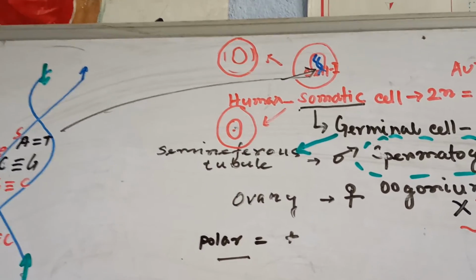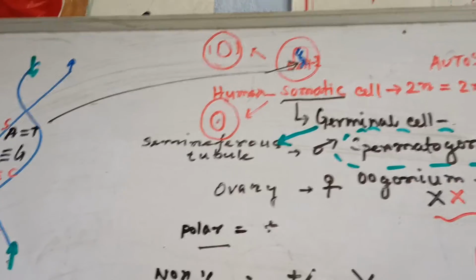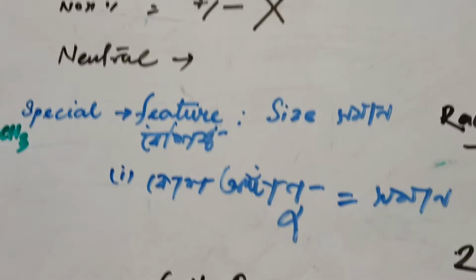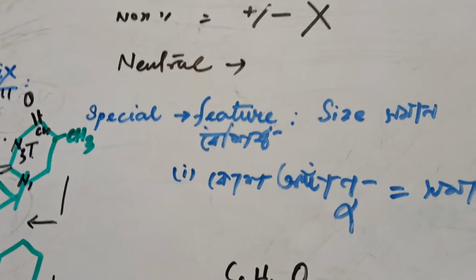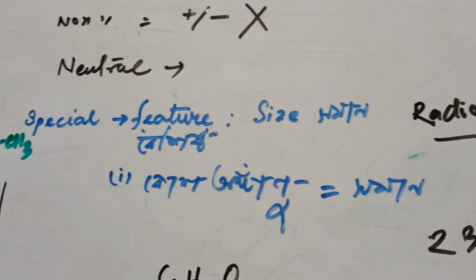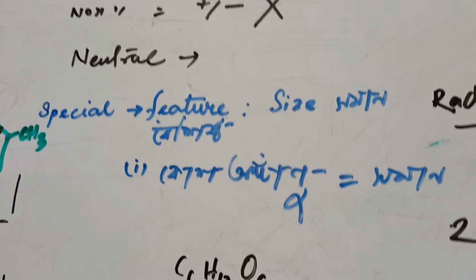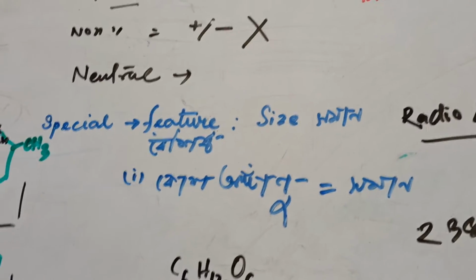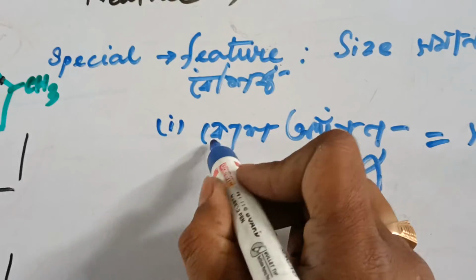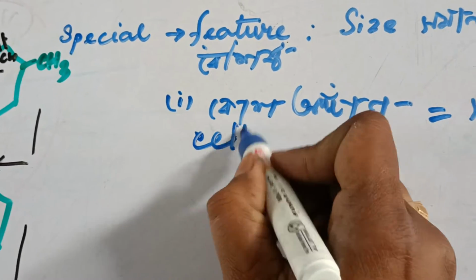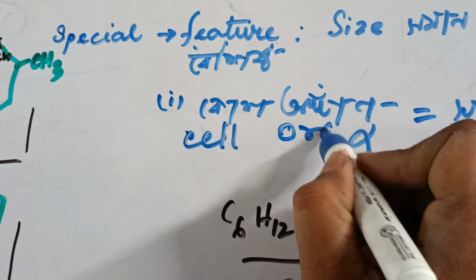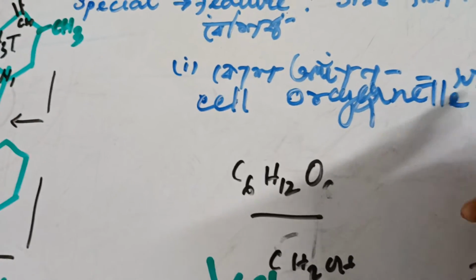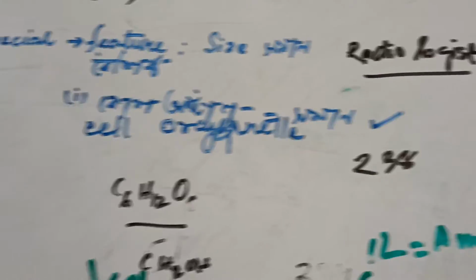It will divide and produce two new somatic cells. But the special feature it follows is that its size remains the same, and all the cell organelles remain constant.